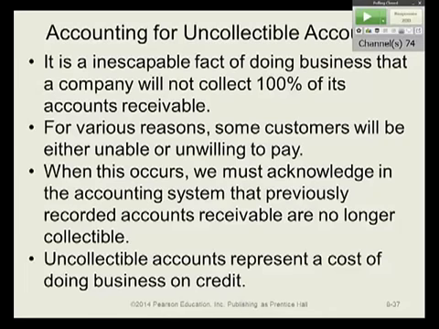Now, why am I so concerned with that? Well, when do you really incur the cost of bad debt? When do you really incur that cost?